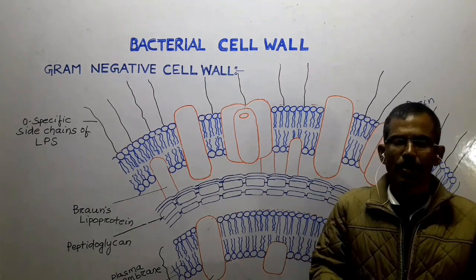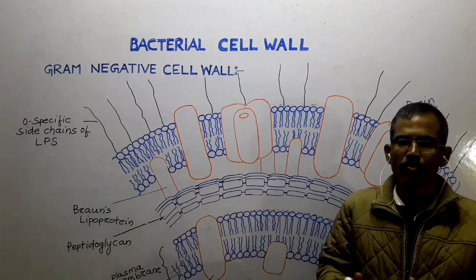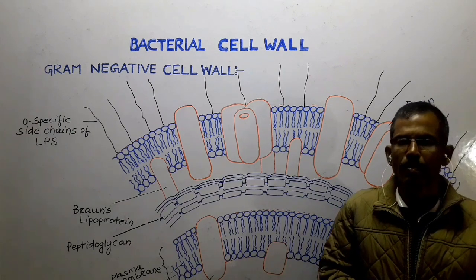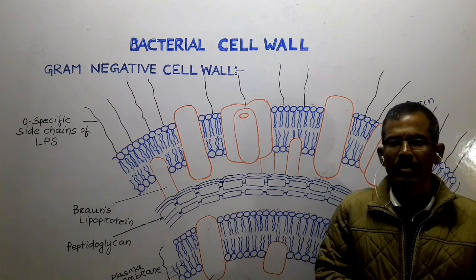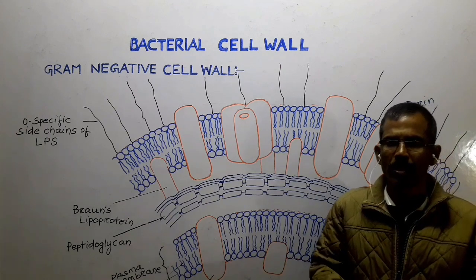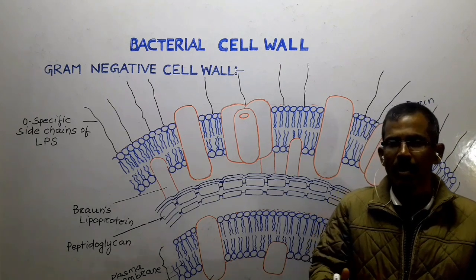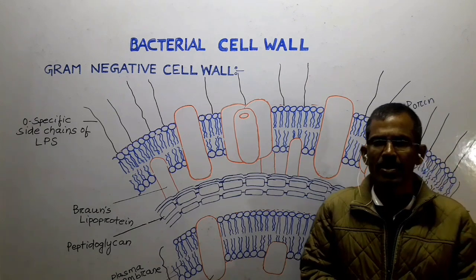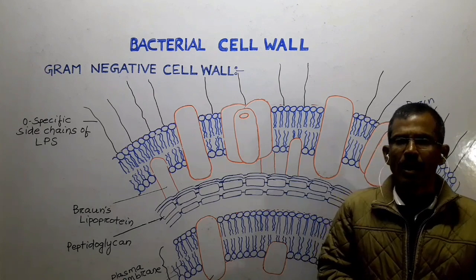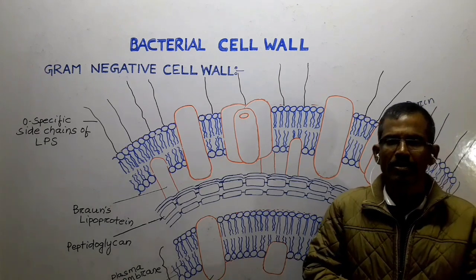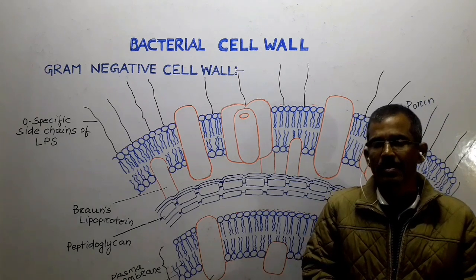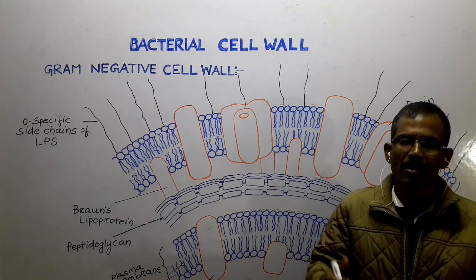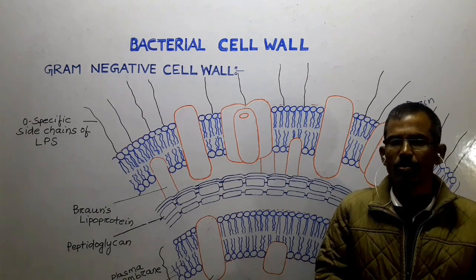Some are involved in nutrient acquisition, for example hydrolytic enzymes and transport proteins. Other periplasmic proteins are involved in energy conservation.